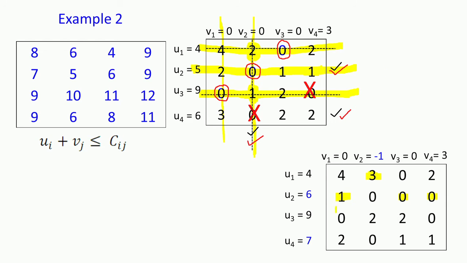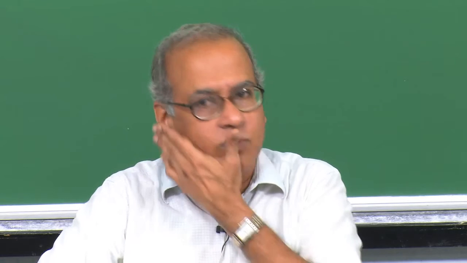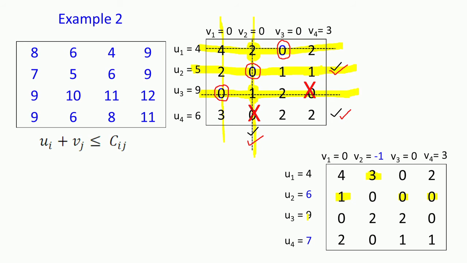So, if there is no line passing through a row, then add theta to that u. So, 5 becomes 6, 6 becomes 7. If there is a line passing through that row, then keep the u as it is. So, u1 becomes 4, u2 becomes 6, u3 becomes 9, u3 has a line, so the u remains, u4 does not have a line, so u4 is equal to u4 plus theta, so 6 will become 7.